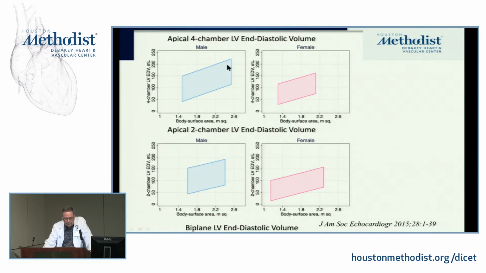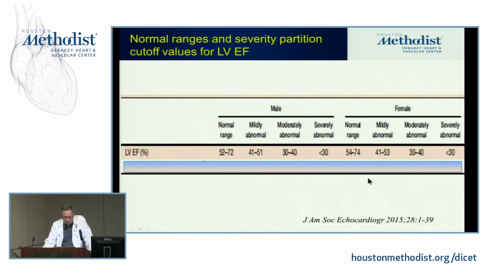And again, they have these nice figures that show you end-diastolic volumes getting bigger as people get bigger, both for males and females, and so on. Apical 2-chamber and apical 4-chamber and so on. And this is the EF itself. Basically, mild is 41 to 51. We use 45 to 49. Moderate is 30 to 40.